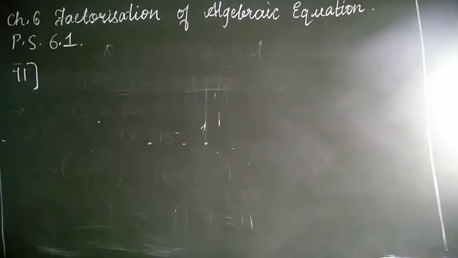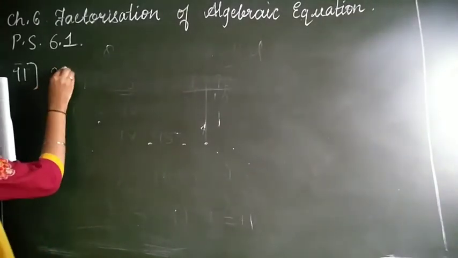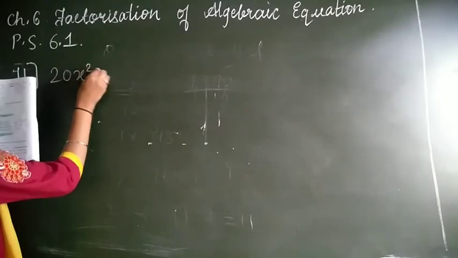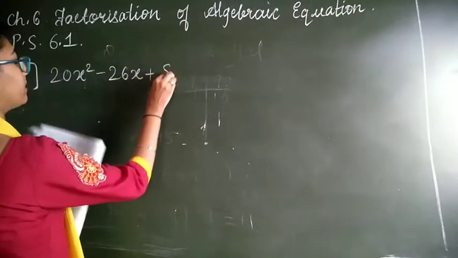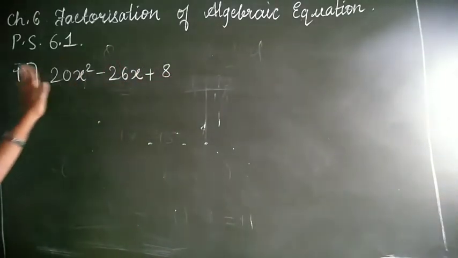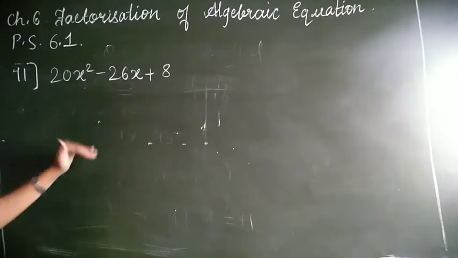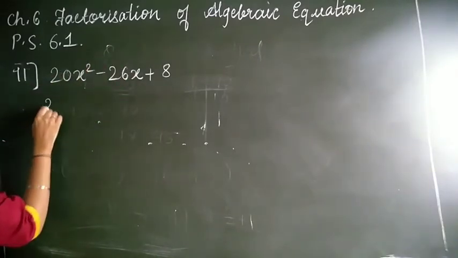Okay, now we are going to solve question number 11, which is 20x square minus 26x plus 8. This is a very big term, so we will just divide it by 2, or we can take 2 as common.